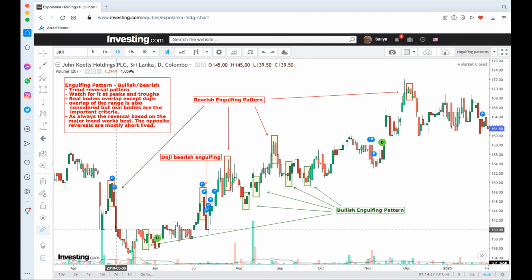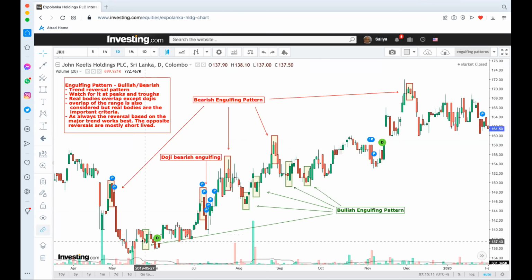But between this level and this level, you can see that a support range has formed, ultimately making another pattern that we discussed some time ago, which is an ascending triangle pattern. Now in between, you can see over here a red candle, which is almost like a spinning top candle.